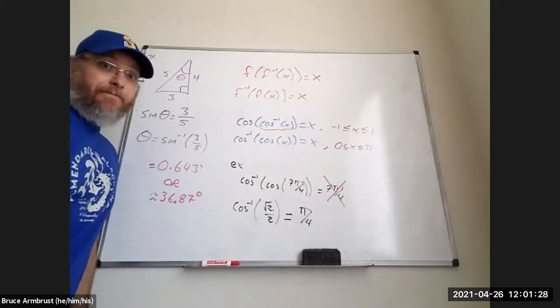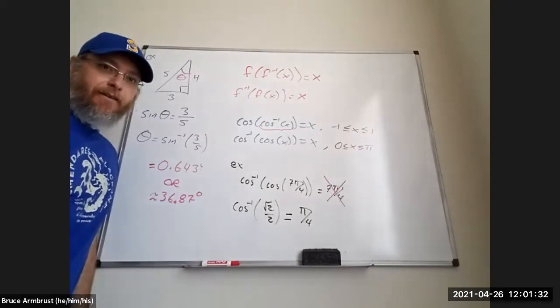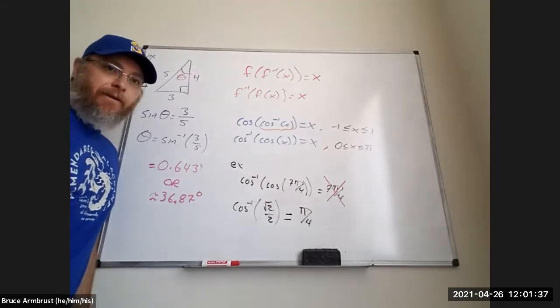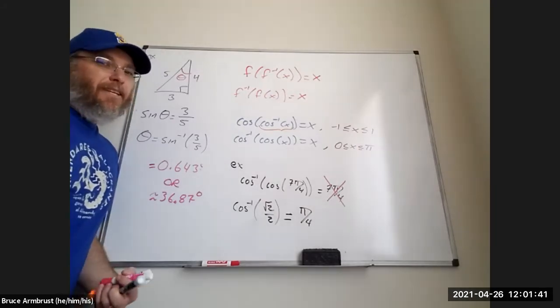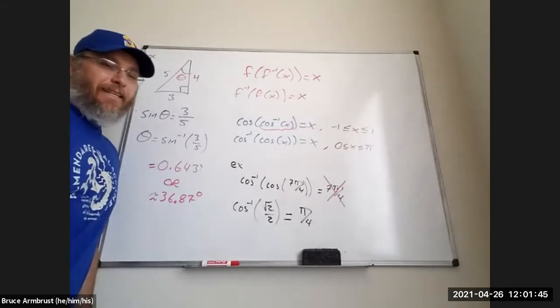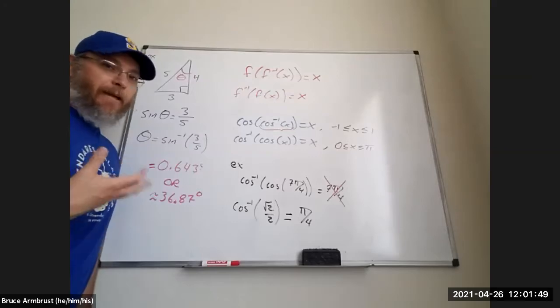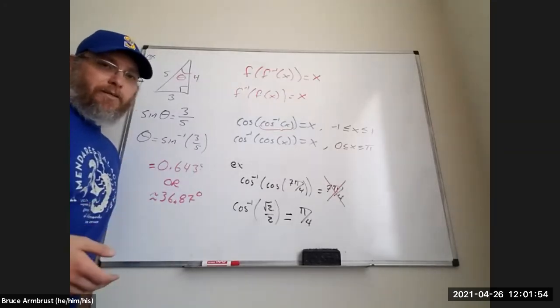Well, it happens. And it happens because we had to restrict cosine to make it 1-to-1 to even have an inverse cosine. So here's the deal. When we first did it, I just said, okay, we're going to erase all the rest of this, and we're only going to look in this interval. And I'm like, hey, mathematicians do this because we can. Why? Because we can, and we want it, and it works.